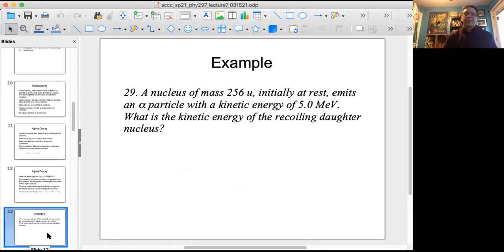Okay, so there are a couple of ways to think about this, but the easiest way is to assume 256 U and that the alpha particle is 4. And so the alpha particle has a kinetic energy of 5.0 mega electron volts. So we're going to assume that the daughter nucleus has a mass of 252 atomic mass units.